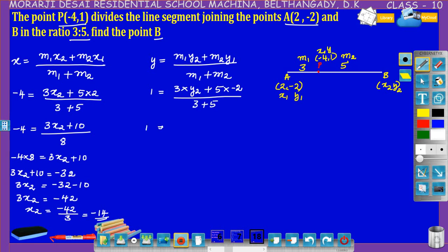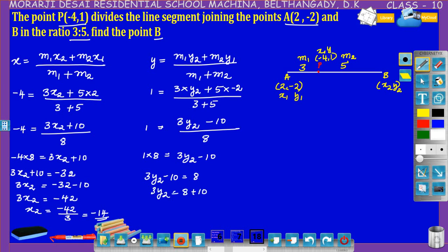So 1 is equal to 3y2 plus 5 into minus 2 is minus 10, by 8. So 1 into 8 is equal to 3y2 minus 10. So 3y2 minus 10 is equal to 8. 3y2 is equal to 8 plus 10, which is 18. So y2 is equal to 18 by 3, that is equal to 6.